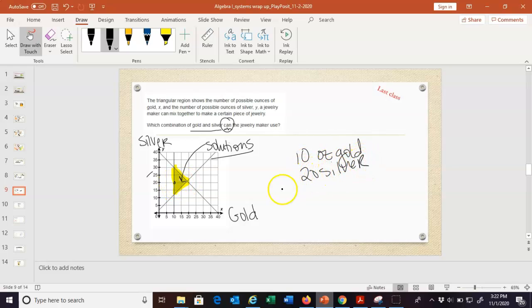That lives on the line. It's a solid line, so it would count. You could also list it as a coordinate point if you wanted to, 10, 20. They could use this one right here, 15, 20. 15 ounces of gold and 20 ounces of silver. Anything that lands you in that triangular region would answer this question.